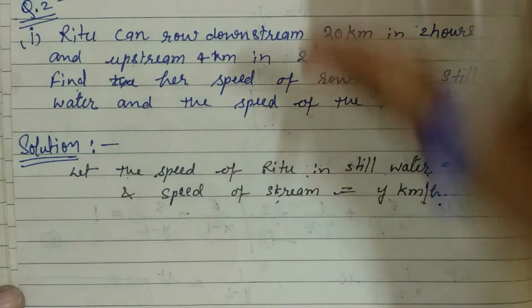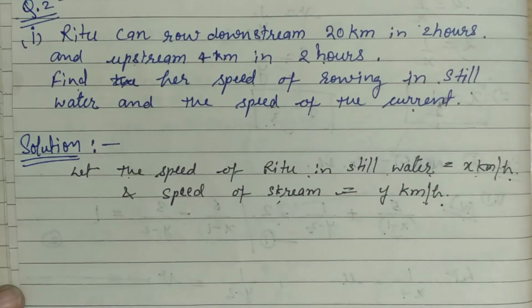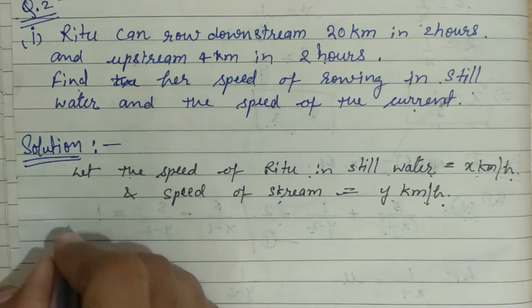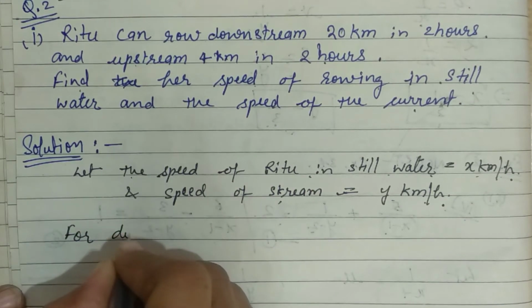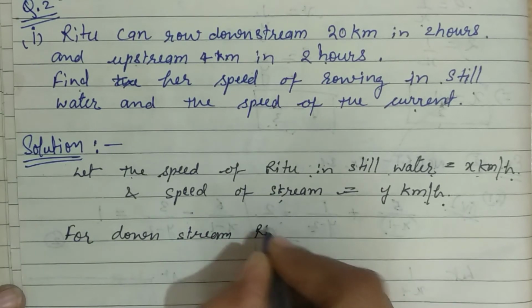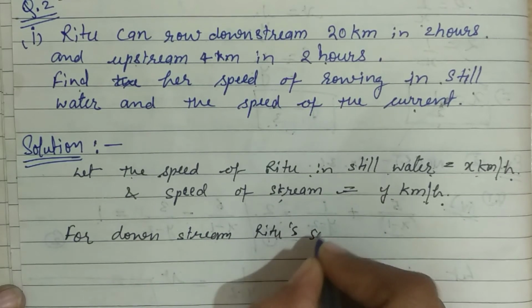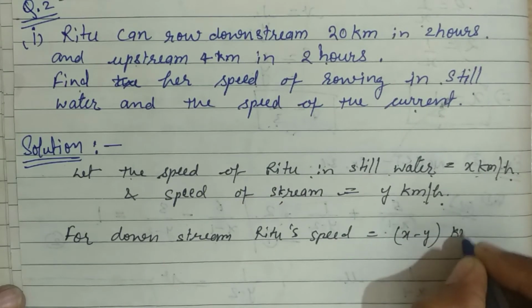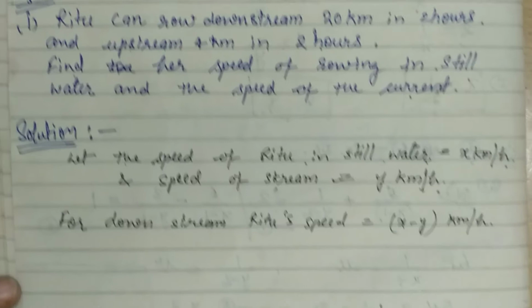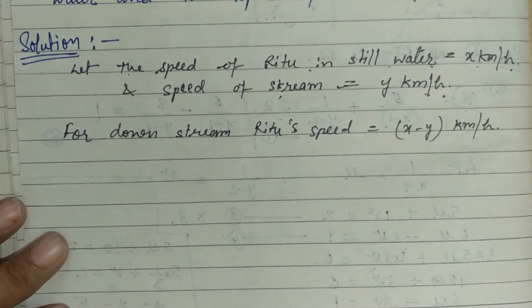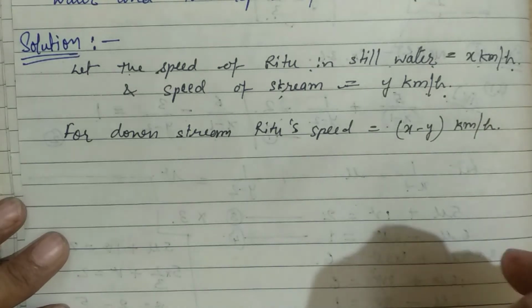Now obviously, for the upstream, Ritu's speed is x minus y kilometers per hour, because the direction of Ritu and the direction of the stream are opposite.